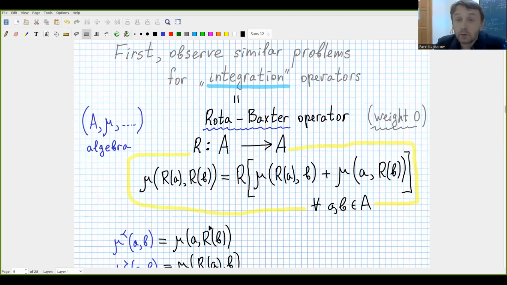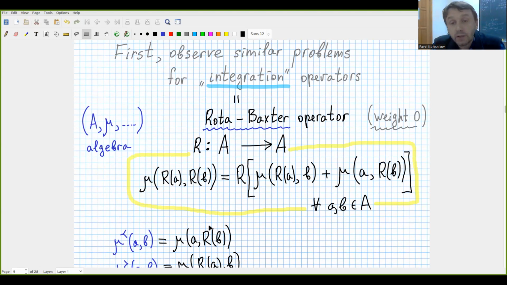The formalization of integration is known as Rota-Baxter operators. Oskar Jumadildaev discussed Rota-Baxter operators in the beginning of our seminars. Let me briefly recall the definition of a Rota-Baxter operator of weight 0.